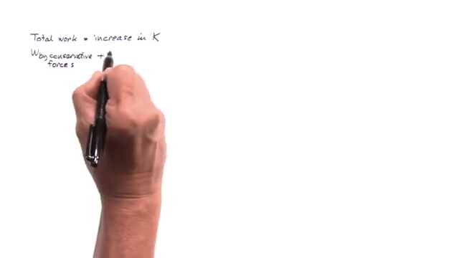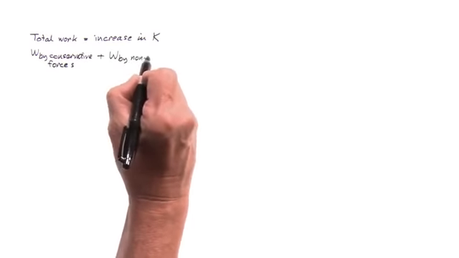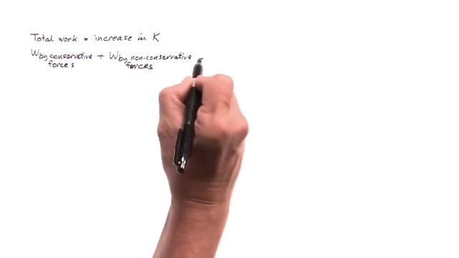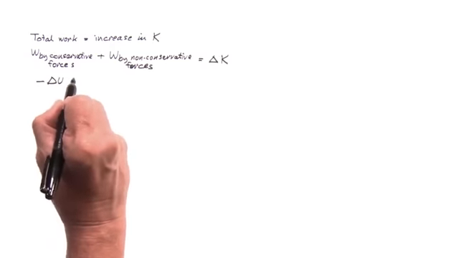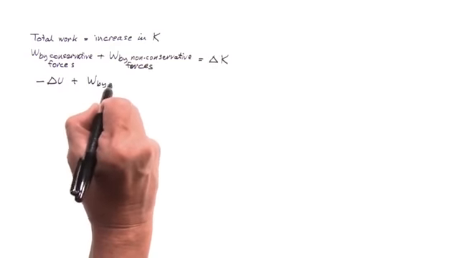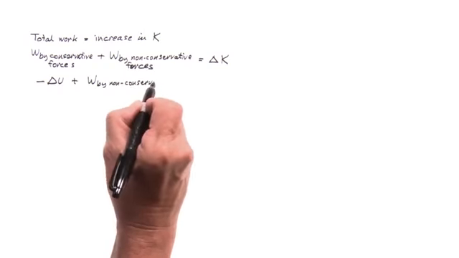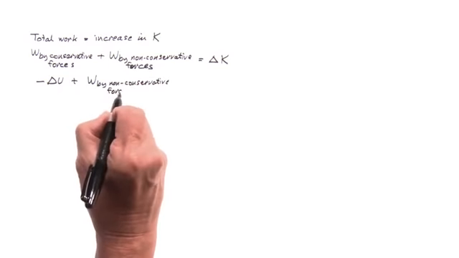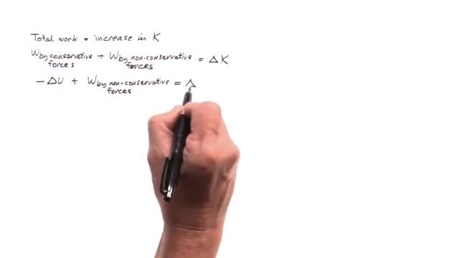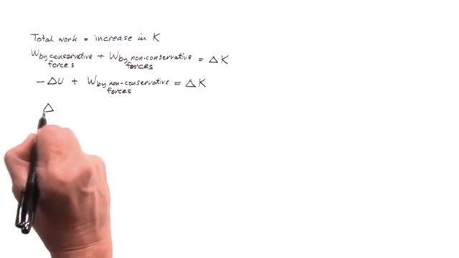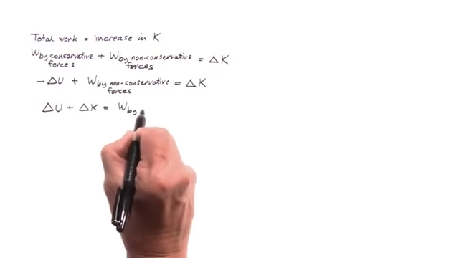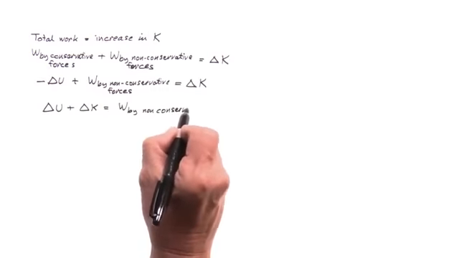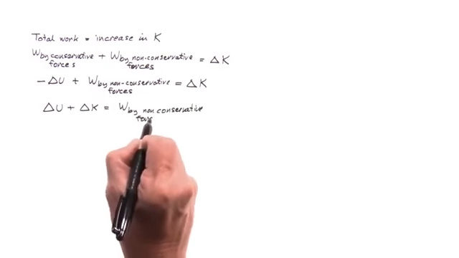So we can write work by conservative forces plus work by non-conservative forces equals delta K. And the work done by conservative forces is minus 1 times the increase in their potential energy. If gravity does work, gravitational potential energy decreases. So the increase in potential energy plus the increase in kinetic energy equals the work done by the non-conservative forces.